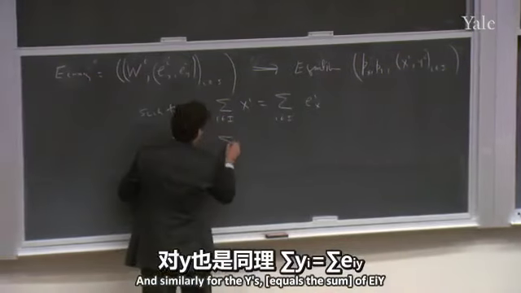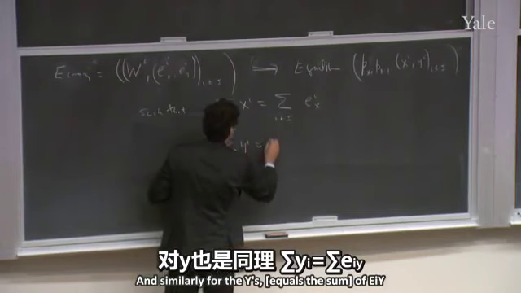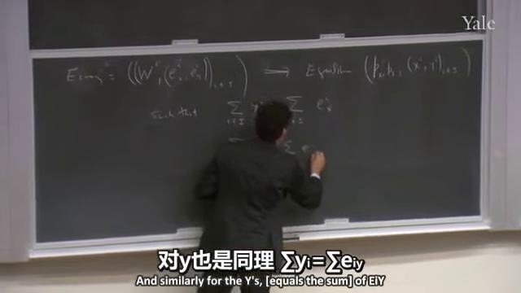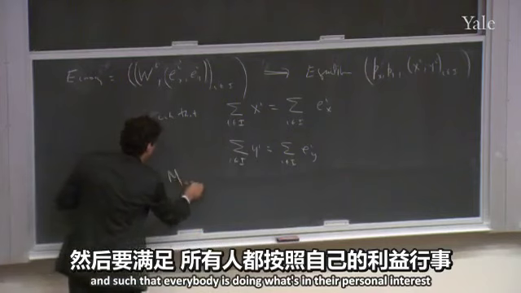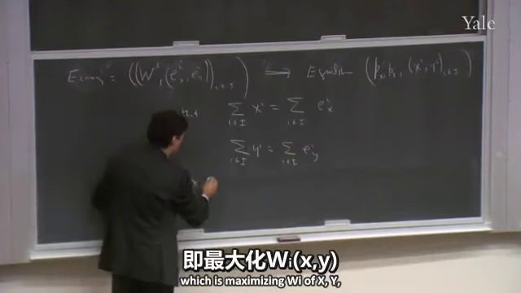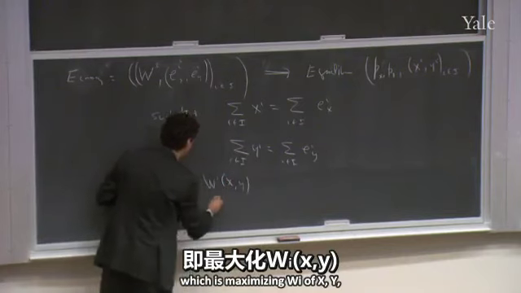And similarly for the y's, with EiY, and such that everybody is doing what's in their personal interest, which is maximizing Wi of x, y.